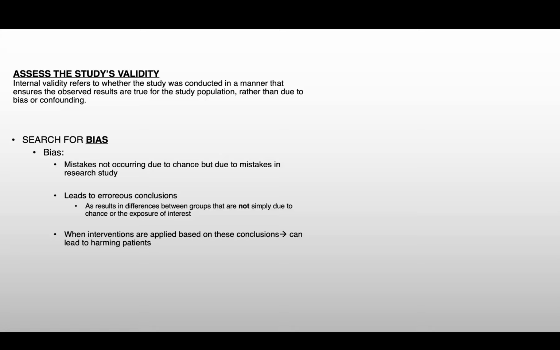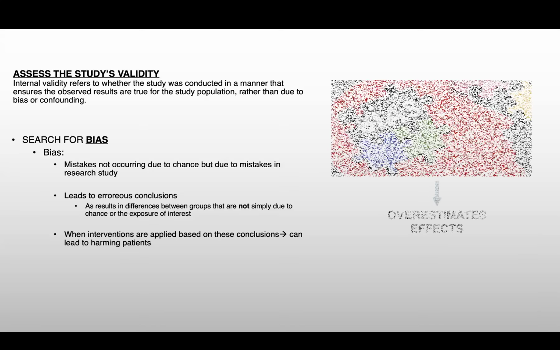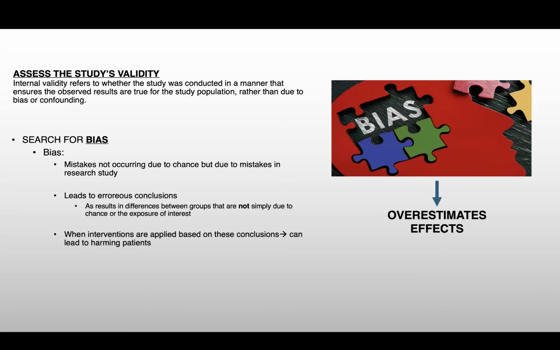When interventions are applied based on these conclusions, it can lead to harming patients. That is why it is important to look for biases in your study. Like I said, bias overestimates the effects. Bias affects the validity, not the precision.